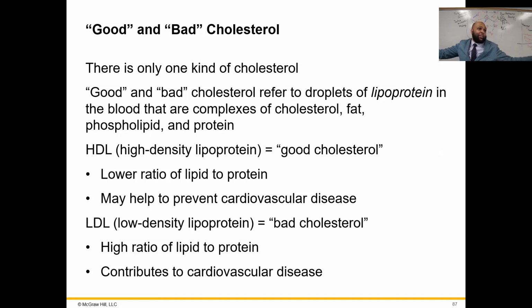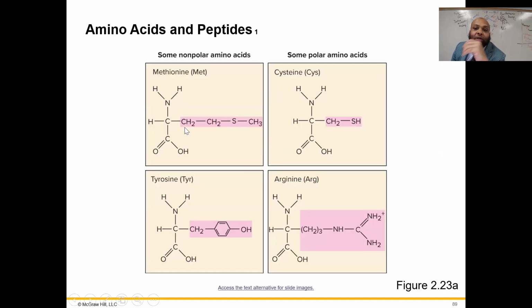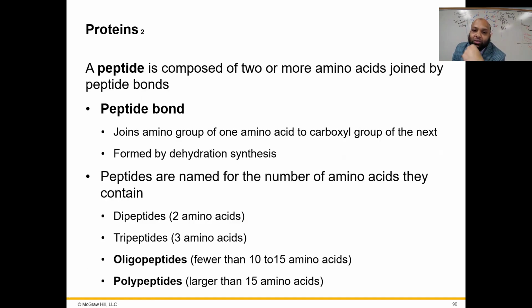We need a bigger submarine, less cholesterol inside. That's high density. But low density means you have more cholesterol inside. That's dangerous. So the bad cholesterol is the LDL. That's going to stick into the blood vessels, clog the blood vessels, and prevent the passage of blood.